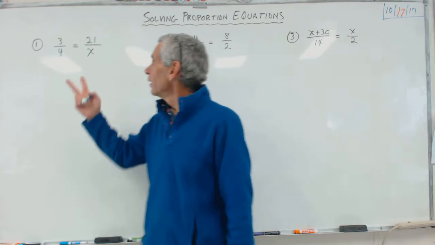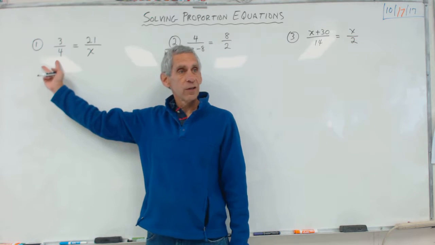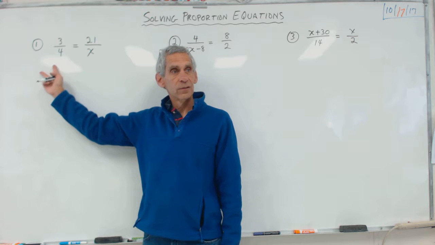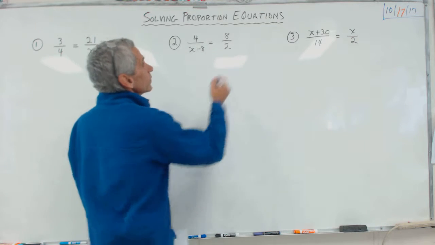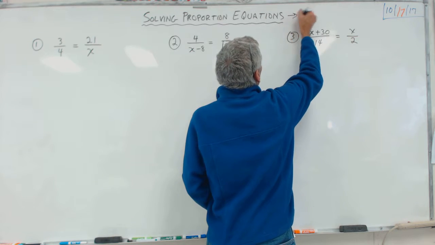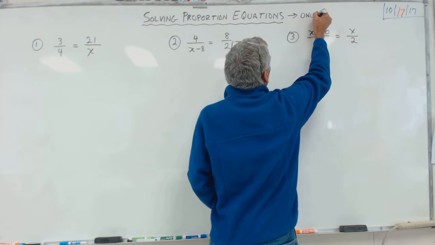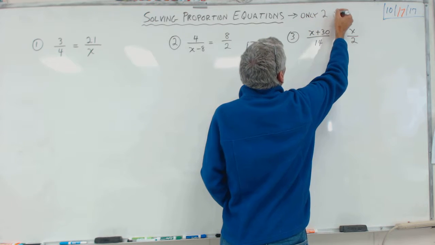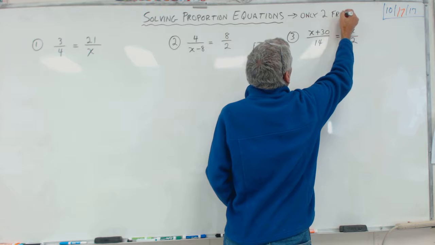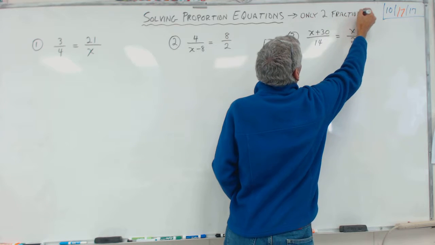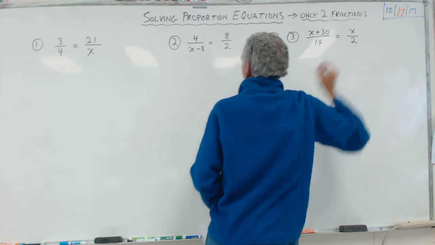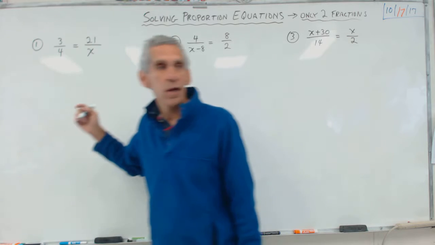The only way they're proportions is if they're 2 fractions, one fraction equaling another fraction. So we're going to cross multiply.